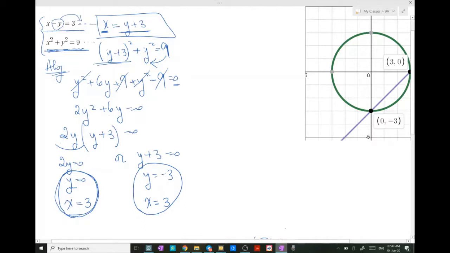When you replace it in equation 1 and equation 2, it will also satisfy the equations. So these are the two solutions, representing (3, 0) and (3, minus 3).